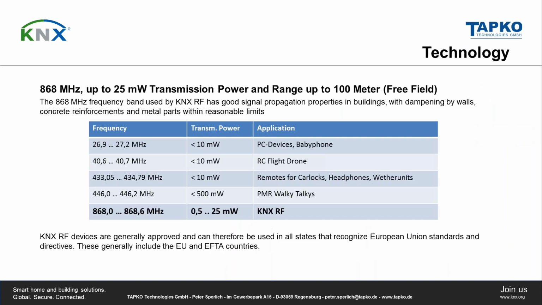What you have to think about: the KNX devices just send when a button is pressed or when there is some information that is important for the bus system. That is compared to other RF devices or systems, maybe the mobile phone in your pocket. It is sending all the time, and it's connected to the RF cell.